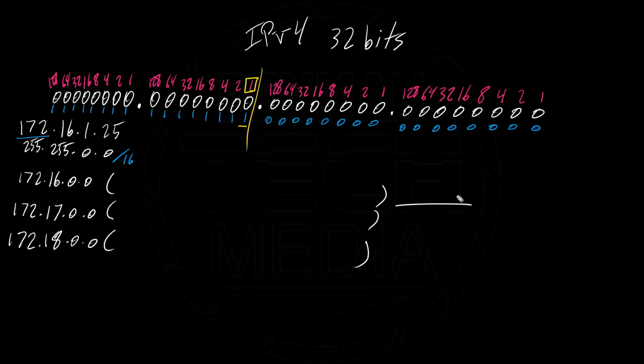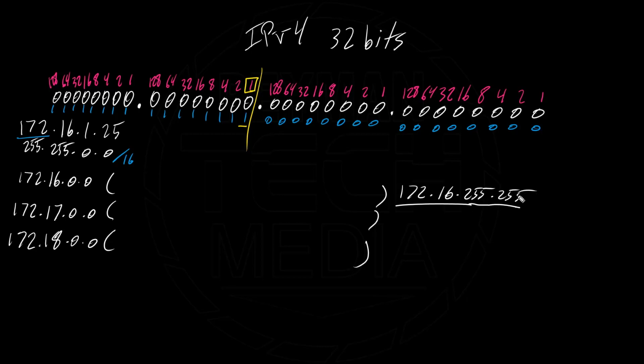Well, the broadcast for the first network, 172.16.0.0, is always 1 less than the next network. So the next network is 172.17.0.0, so it would be 172.16.255.255. Okay, so let me explain what happened here. This IP address is the broadcast address.